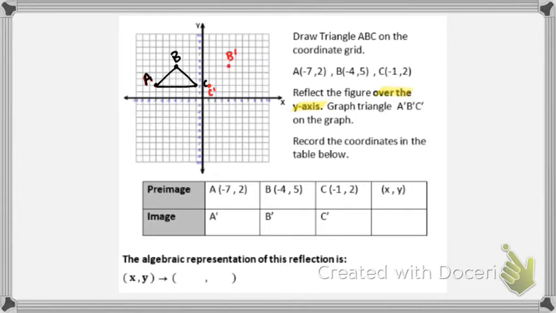Right? And the way I got it is it's 4 spaces away from the y-axis, so I go 4 spaces away on the other side. Okay? For the A prime, it's 7 spaces away from the y-axis, so I'm going to go 7 spaces away as well. Okay? So it'll be right here. And that will be A prime.